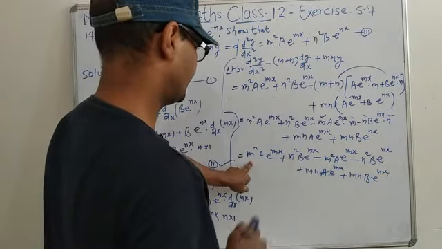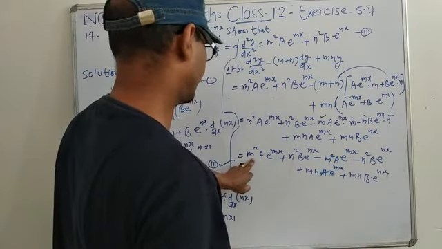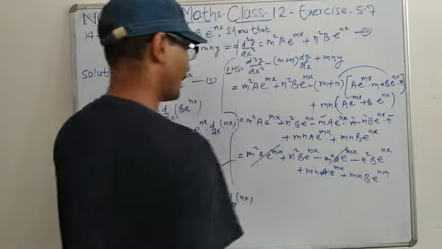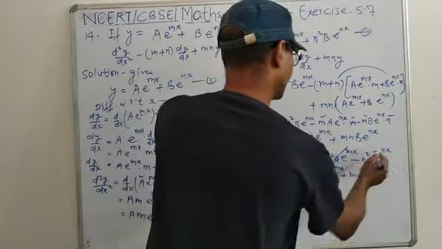Same terms with different signs must cancel. So m square a e power mx, plus and minus cancel; n square b e power nx positive, this negative.